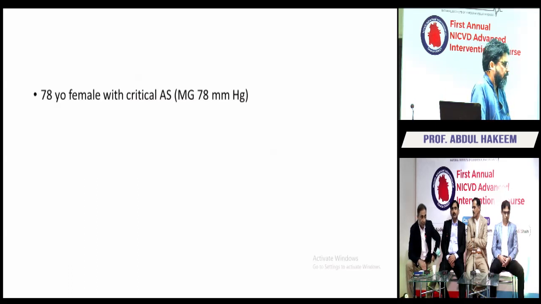So the important thing we should consider in such patients is, first of all, you have to look at the anatomy of the patient: the aortic root, annulus size, the size of the sinus of Valsalva, STJ, the height of the coronary vessels from the annulus, the amount of calcium that's present, and the angle of the annulus itself.